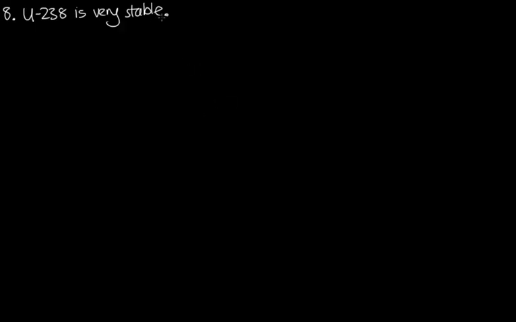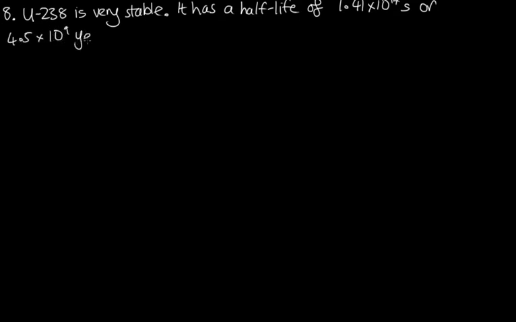So evidence that it's very stable is that it has a half-life of 1.41 times 10 to the 17 seconds, or we can give this in years as 4.5 times 10 to the 9 years.